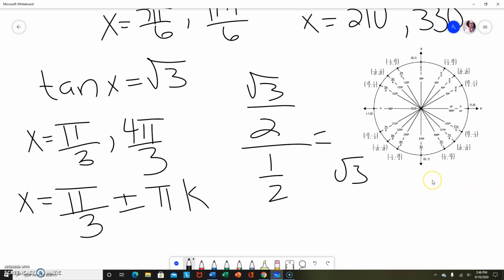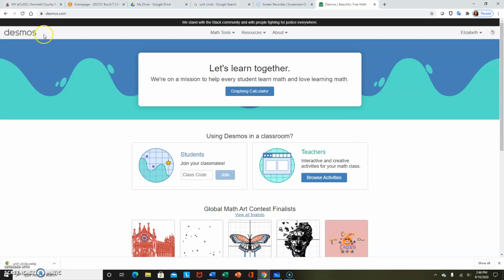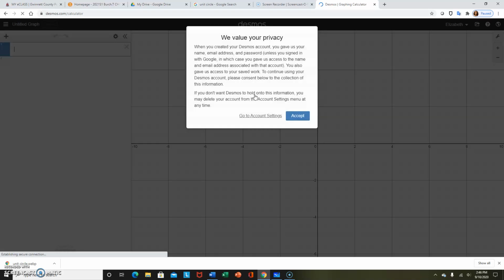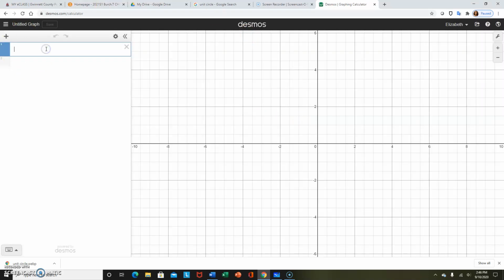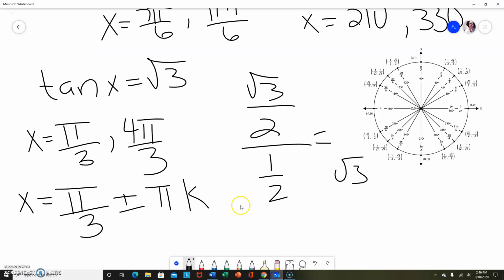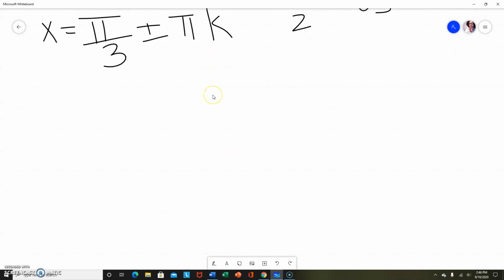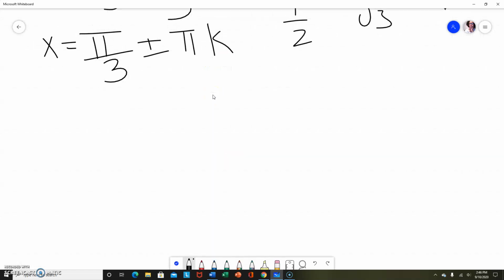The next one requires that we use a calculator. So I'm going to pull up my free graphing calculator here at www.desmos.com. I'm going to hit graphing. And my problem, that I didn't tell you what my problem was, I'm sorry about that, I'll write it here: cosine theta equal to negative 0.2.